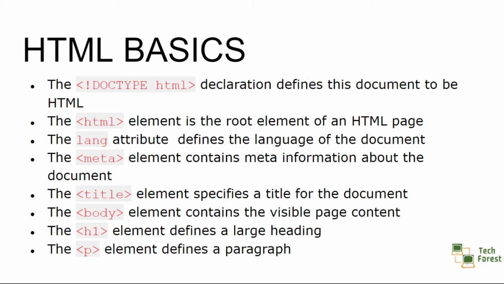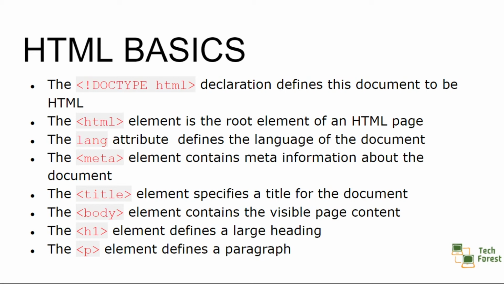It means the language in which the content has been written. en means English. If you want to write the content in French, you will write fr, or whatever language you want to define. You can define it in the lang attribute.